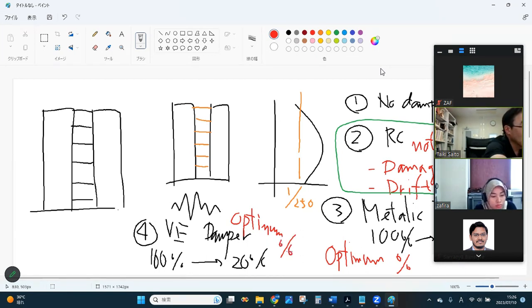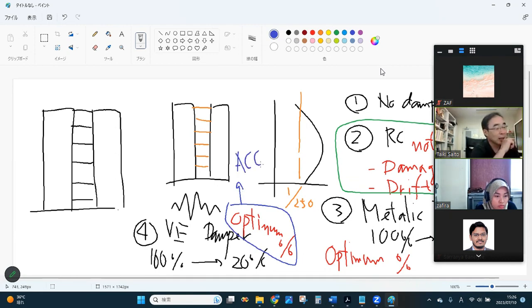But in this case, I remember it is very large. You satisfy drift with criteria. I think, Sensei, that is the location that I optimized.